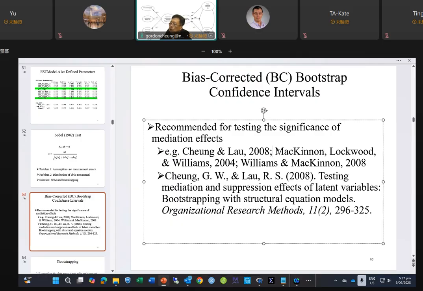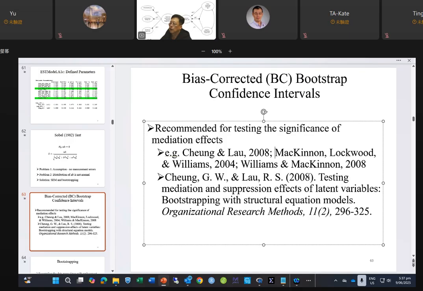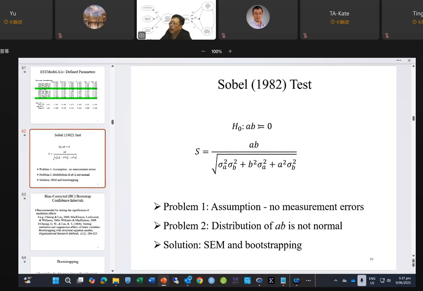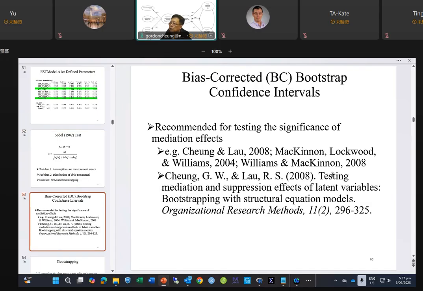In fact, before me, MacKinnon and his colleagues used regression-based tests and showed that A times B is not normally distributed. Therefore, they suggested using bootstrapping. But my paper, the citation is here, says that you better use SEM to incorporate the measurement errors as well.